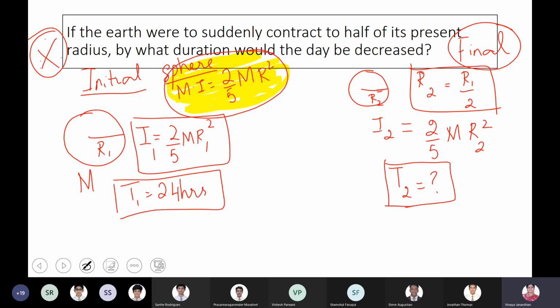So what you need to find is T1 minus T2. That clear, boys? Just make a note of it, then we'll start doing this.